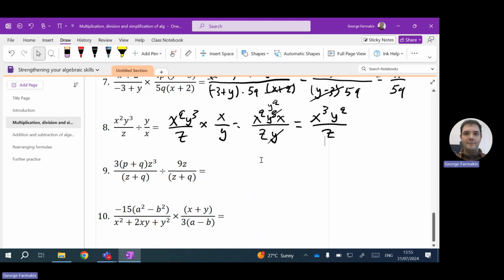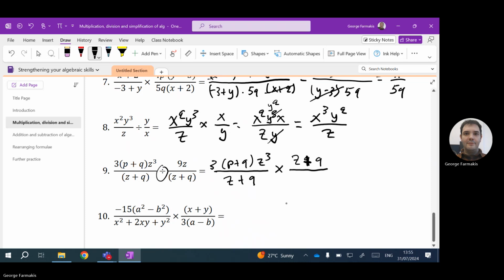Okay, let's do example 9. So 3. Again, here we see that we have division. So let's write the first fraction, p plus q, z to the power of 3 over z plus q. Division becomes multiplication. We swap numerator with denominator, so we have z plus q, and we have 9z.